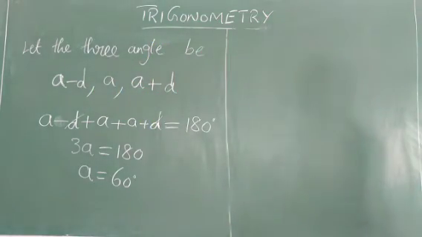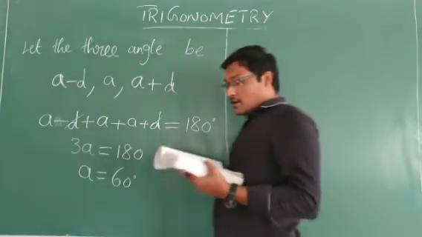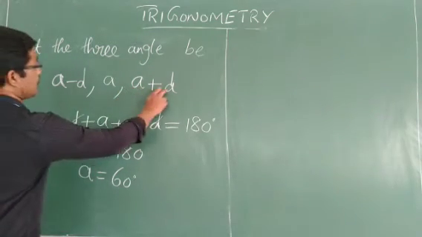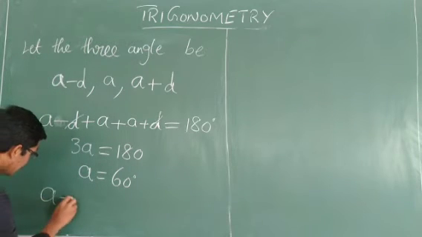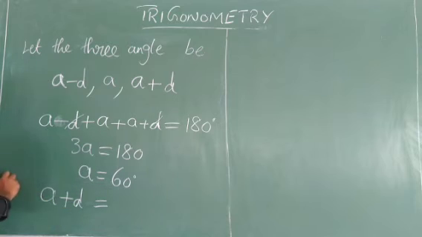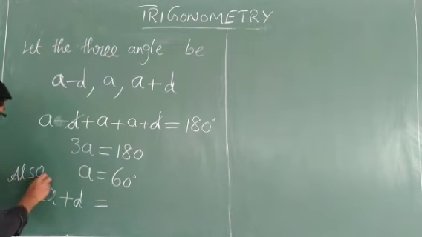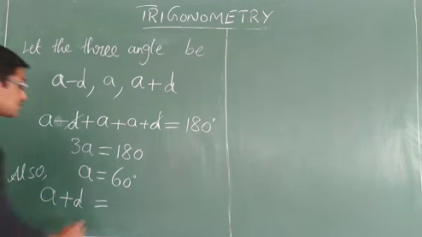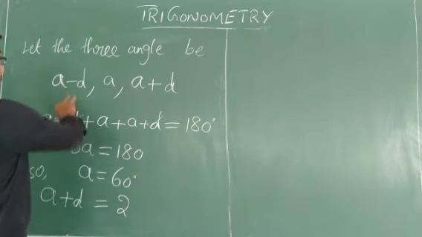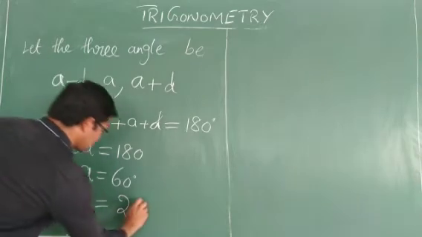For that, one more condition is given. What is the other condition? The greatest angle is double the least. What is the greatest angle here? a plus d. So the greatest angle, that is a plus d, is equal to double, means 2 times the least. The least is a minus d.